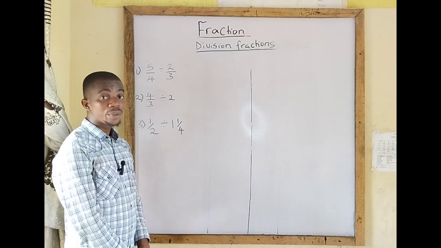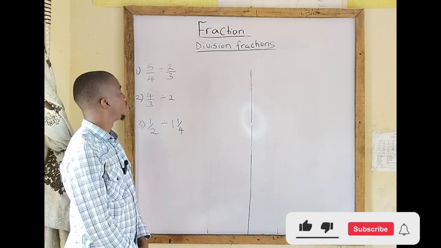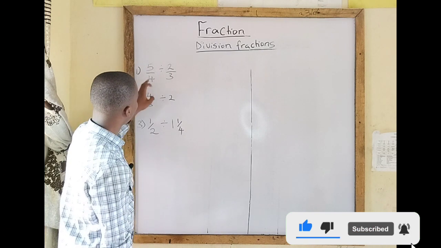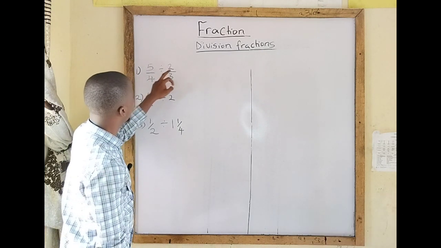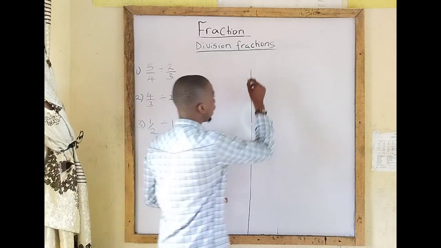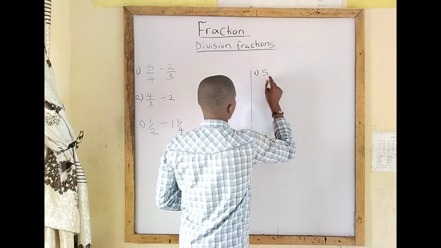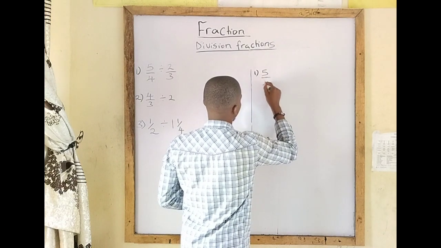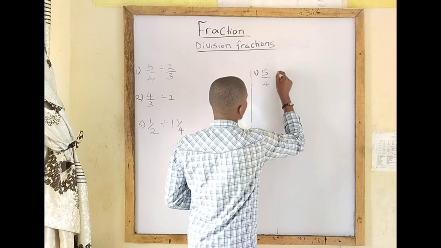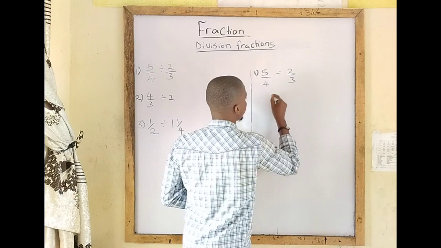Okay, the next thing we are going to consider is division of fractions. We have the first question here, 5 all over 4 divided by 2 all over 3. To divide a fraction, division of fractions always turns to multiplication of the fractions.